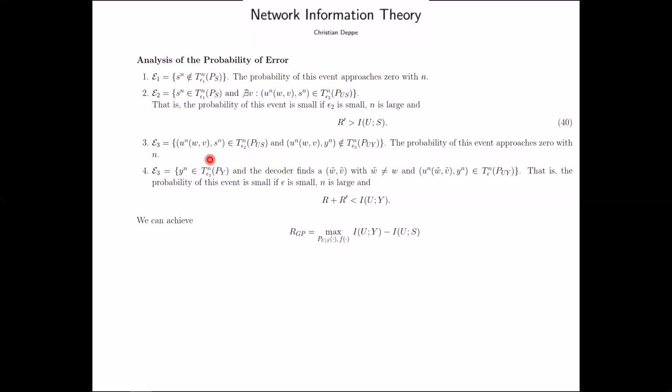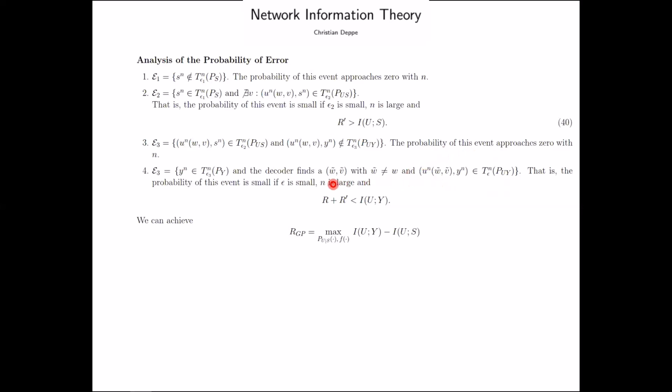The last event is that y^n is typical and the decoder finds a W tilde and V tilde, but W tilde is not equal to W, and u^n of W tilde and V tilde and y^n is jointly typical. That means again an error.